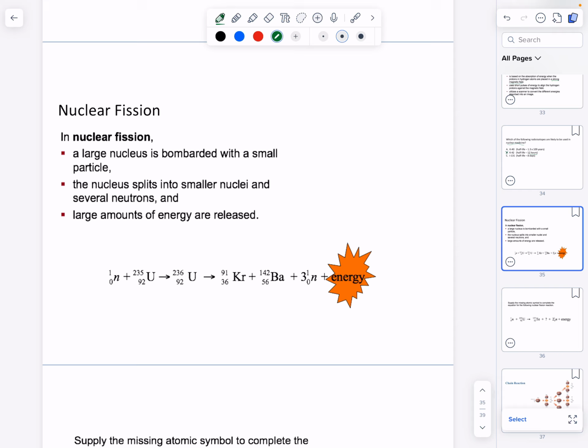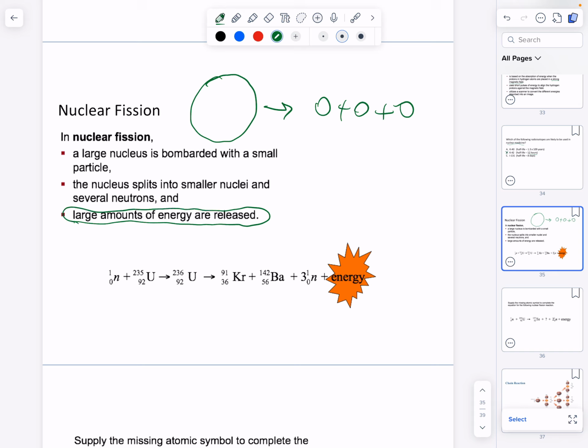Now, nuclear fission. Nuclear fission is when you break one huge nucleus into several pieces, and breaking it produces large amounts of energy. Let's go straight to this example.